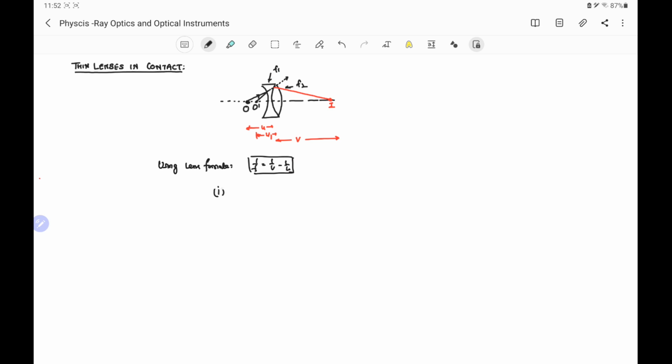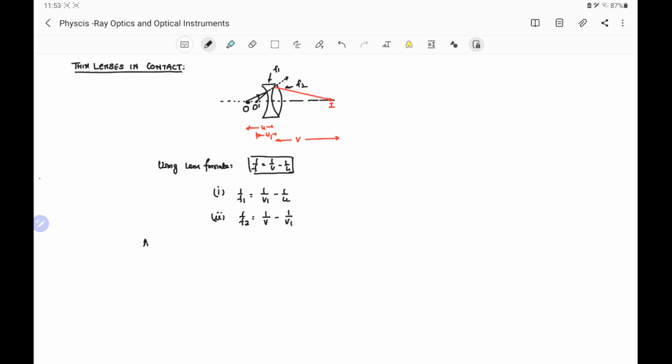For the first lens, which is a concave lens, 1 by f1 will be equal to 1 by v1 minus 1 by u, as the image is O dash. For the second lens, we can write 1 by f2 equal to 1 by v minus 1 by v1, as the object is O dash.